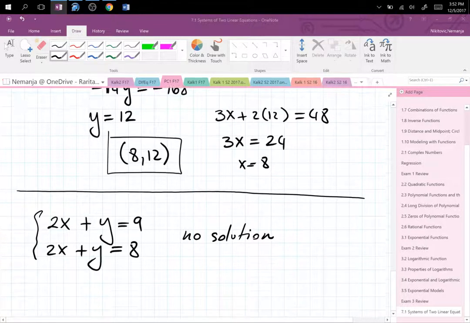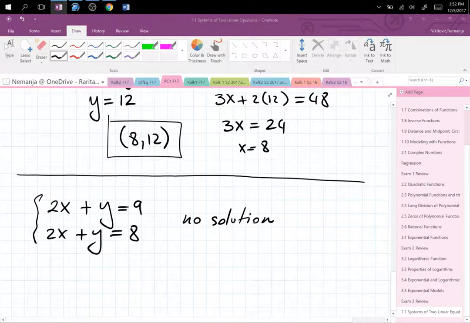And that's obvious immediately, because if you are to multiply one of these equations by -1, everything on the left will cancel, and on the right you will get 1, so it will be 0 equals to 1. You see that? So if you multiply bottom by -1, you will have 2x plus y equals to 9, and negative 2x minus y equals to -8.